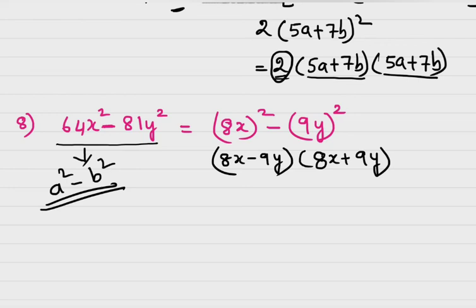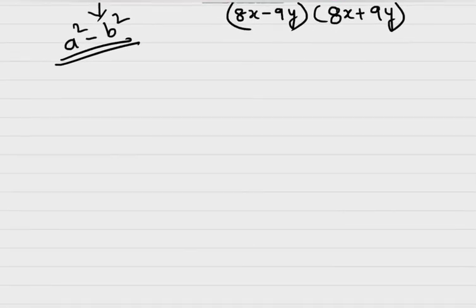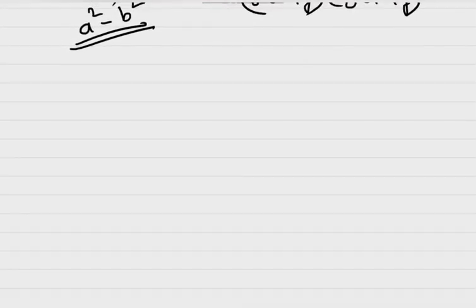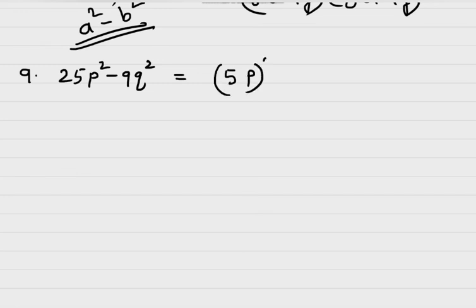now let us see question number 9. Question number 9 is 25p square minus 9q square. Children, it's visible from here. It is in the form a square minus b square, because you can write it as 5p whole square minus 3q whole square.